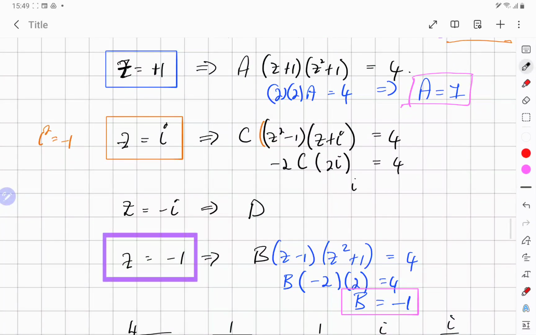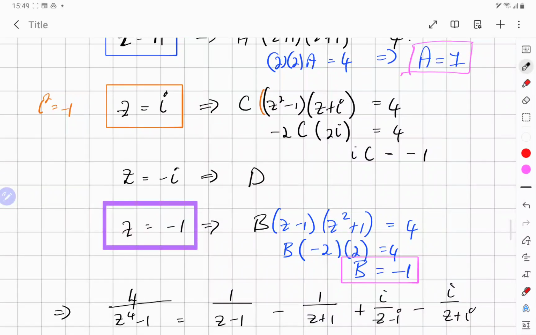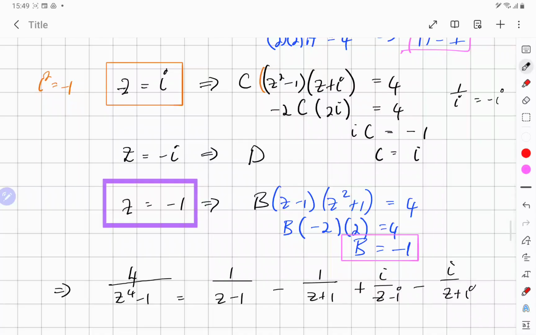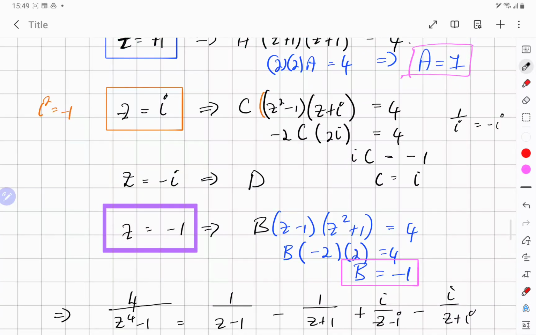So I'll get ci is negative 1. But remember, 1 over i is negative i. So that means that c is i. So that's all from your basics.